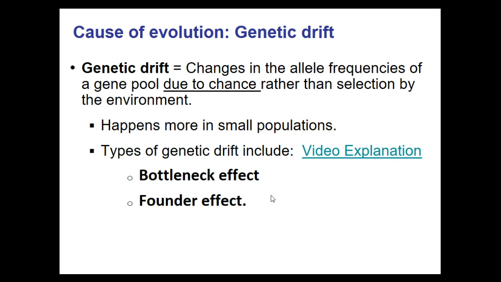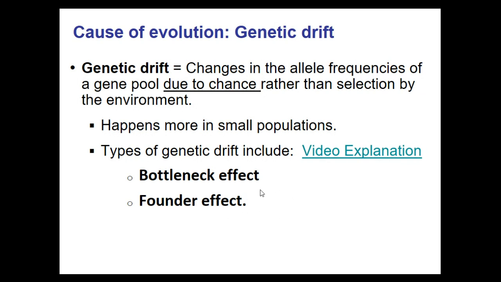For example, on one island there's a bunch of people, and half of the alleles in that population are the blue eye allele, and half are the brown eye allele. Maybe 10 people from that island go to another island and start a new population. If all those people that leave have blue eyes, they only have the blue eye allele. Now this new population is 100% blue eye allele, and it came from a population that was 50% blue eye alleles.